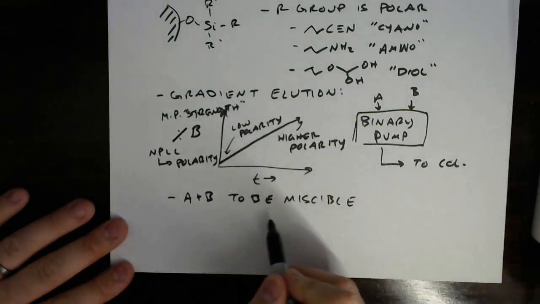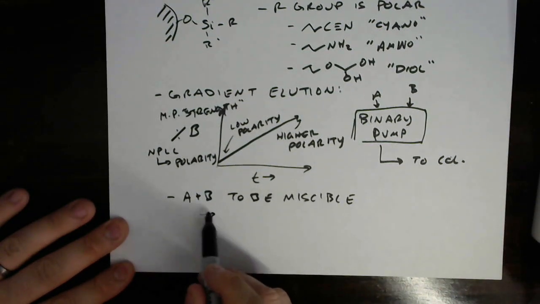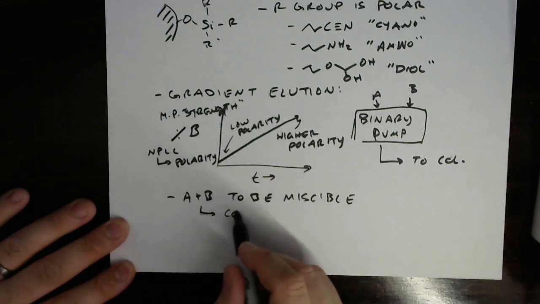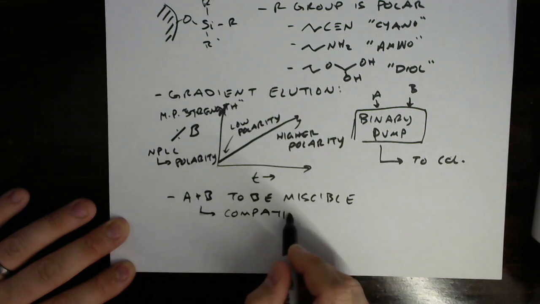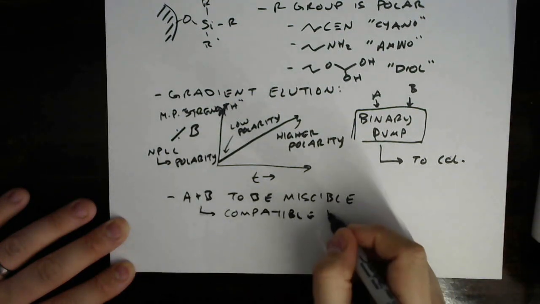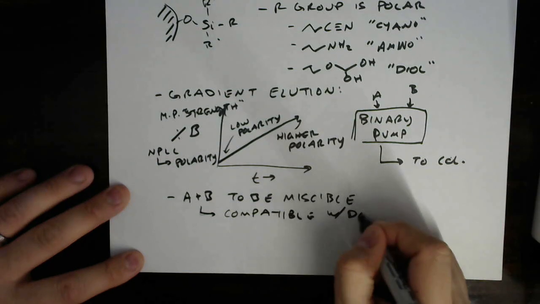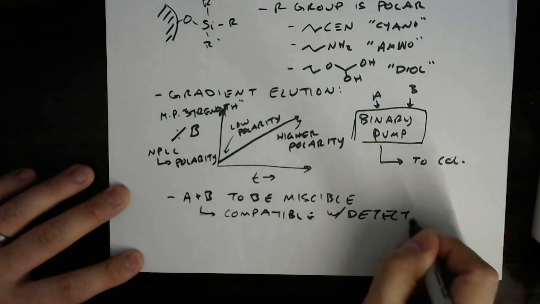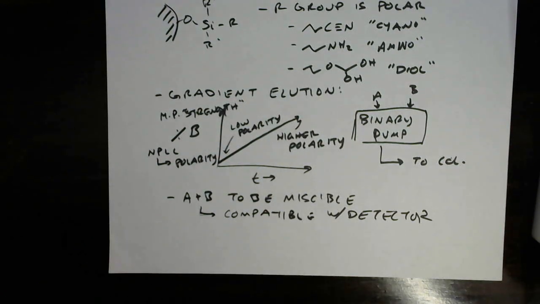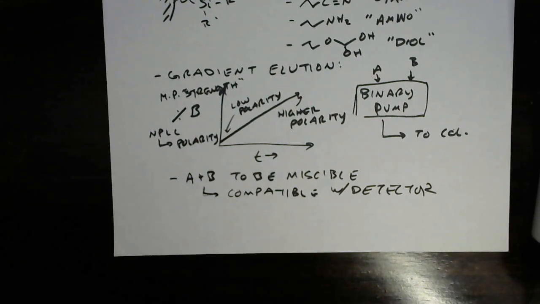We're getting droplets of one in a dispersed phase of the other, so that's no good. And the other thing is they both need to be compatible with whatever detector you're using. We've talked about detectors and detection modes in the past. A good example here would be ESI, right?